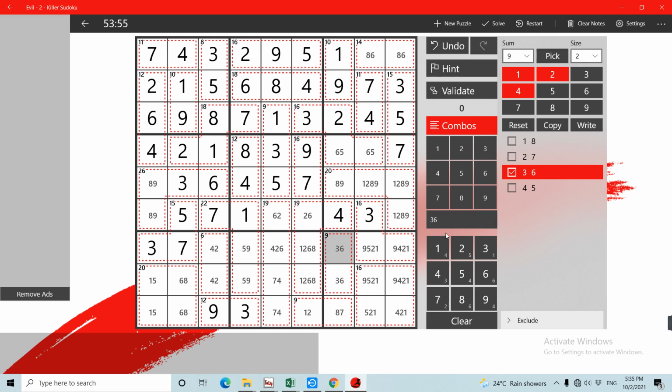So this becomes a 6 and this becomes a 3. Okay, now with that, this becomes a 5. This is a 6. This is an 8. And this is a 6.